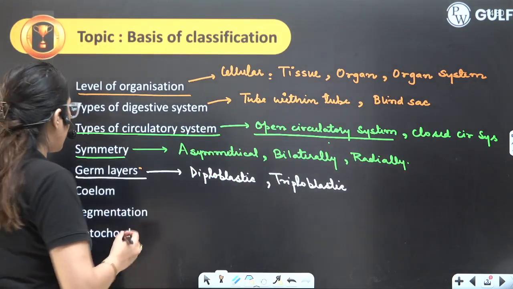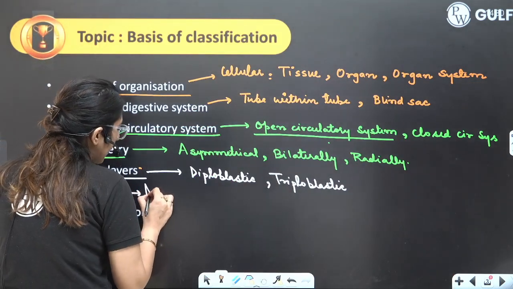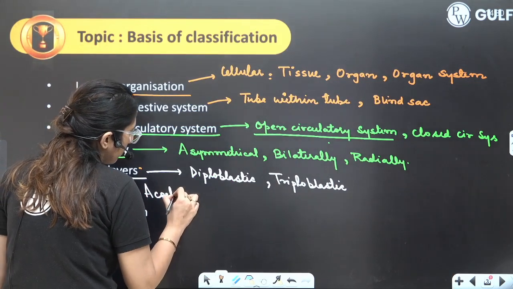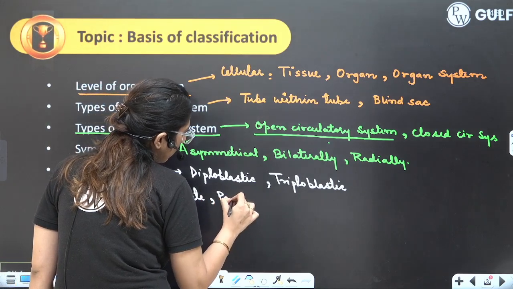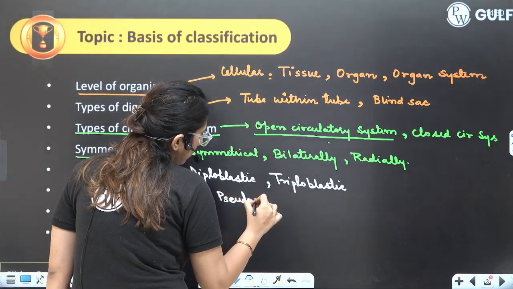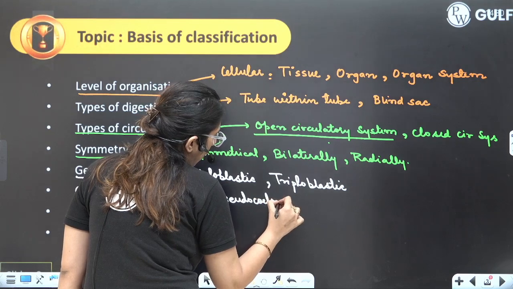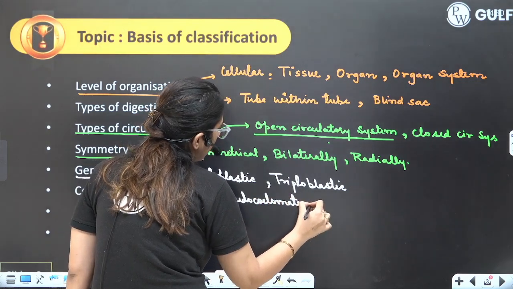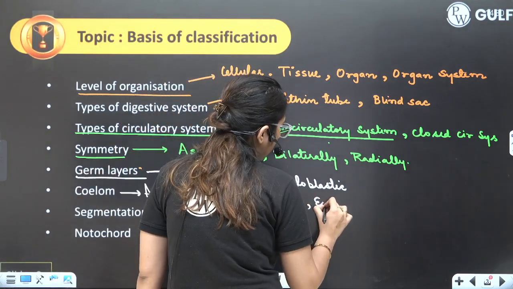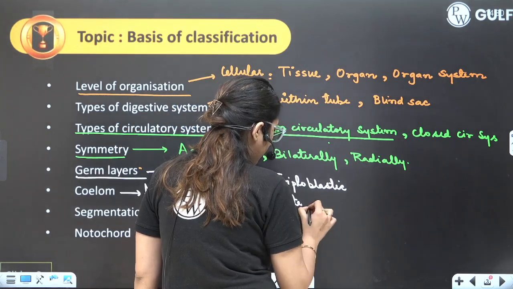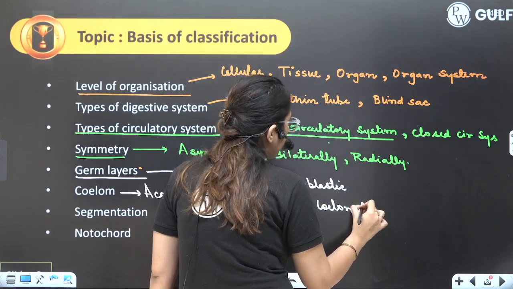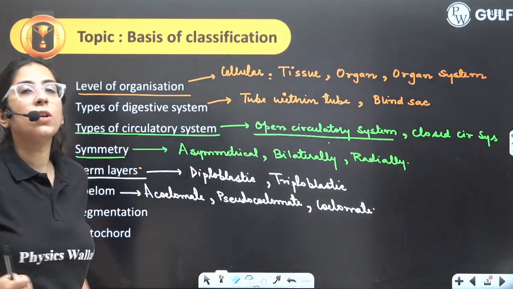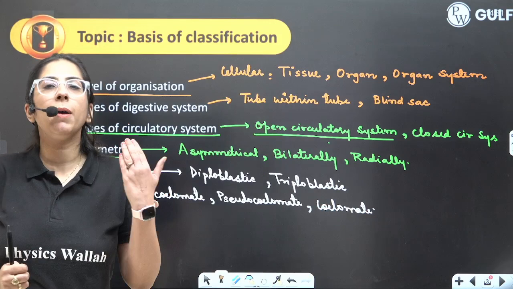Coelom. Moving on to the next, an organism can be acoelomate, pseudocoelomate, or eucoelomate, or let's say coelomate, where a true coelom is there. So, what is a coelom? Coelom is a body cavity lined by mesoderm.